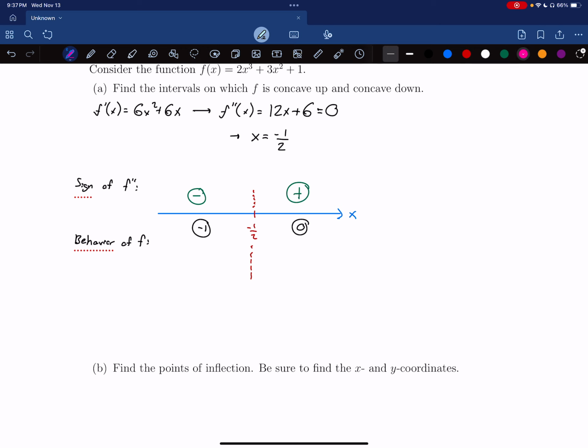So from there, we can determine the behavior on similar lines to increasing and decreasing intervals. If we have a negative f double prime, that means we have concave down. You can also write CC down arrows, CC down, whatever works, as long as you get the point across. And then here we will have concave up because it's positive f double prime.